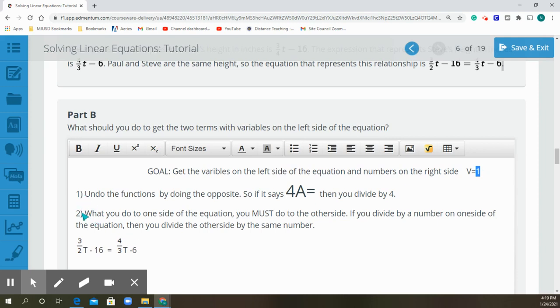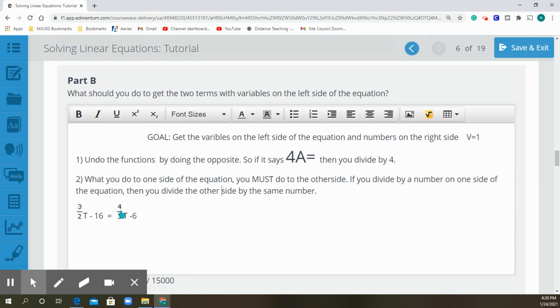You do that by following these two simple rules. Undo the functions by doing the opposite. So if it says 4a equals, then you divide by 4. 4a means multiply by 4. We want to do the opposite function to undo it. What you do to one side of the equation, you must do to the other. So if you divide by a number on one side of the equation, then you divide the other side by the same number.